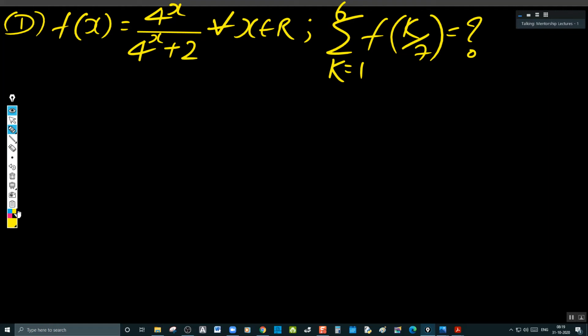Now, this is such a question. It is to be solved in this way. Let us understand what is f of 1 minus x. Just now in the previous question also, we replaced x with 1 minus x. Here also, you do the same. 4 power 1 minus x whole divided by 4 power 1 minus x plus 2.